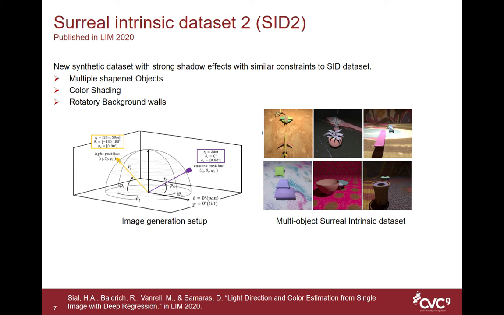Our current research work is focused on another intrinsic image task: to get the light properties from a single light source and use it for the real lighting task. For this task, we extended the original Surreal Intrinsic dataset by introducing multiple ShapeNet objects under the color light source to have more strong shading and shadow effects.